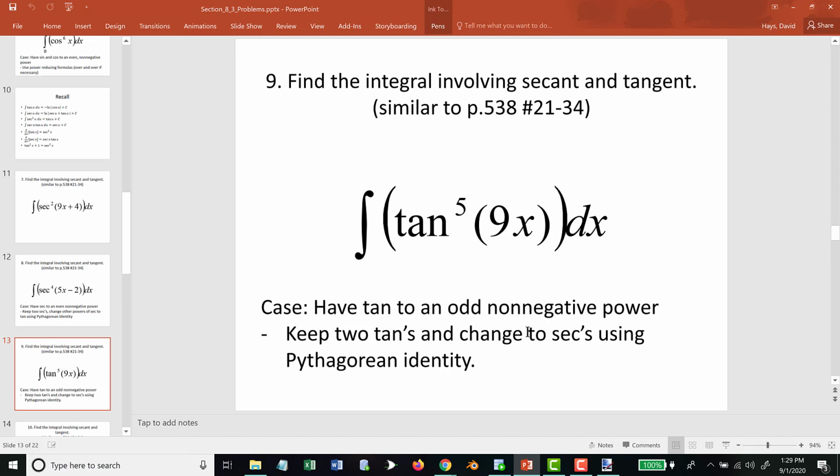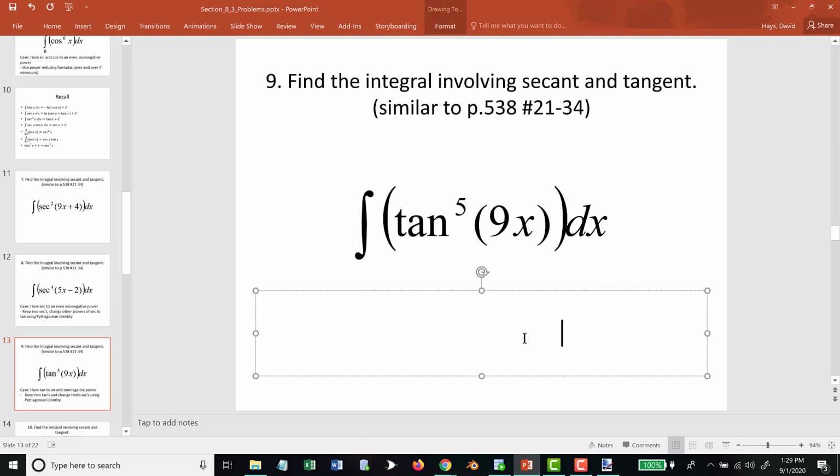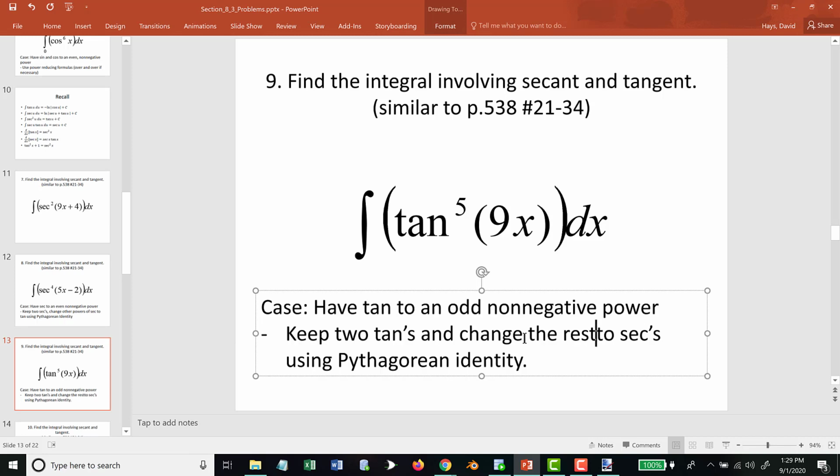And change the rest to secants using the Pythagorean identity.